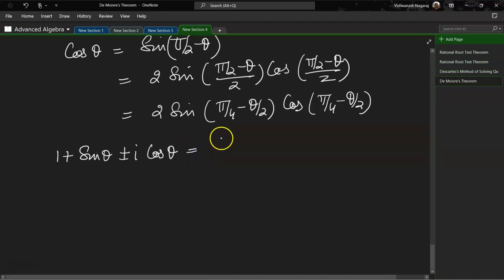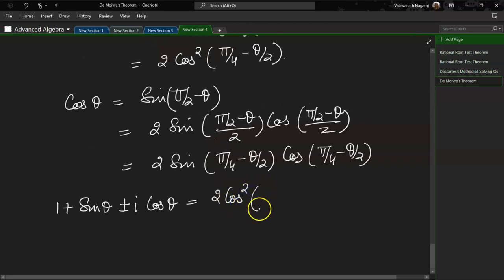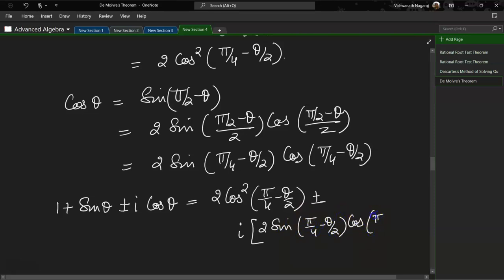It can be written as, now I just do the substitution, 2 cos square (pi by 4 minus theta by 2), plus or minus I cos theta, and cos theta is 2 sine (pi by 4 minus theta by 2) cos (pi by 4 minus theta by 2).